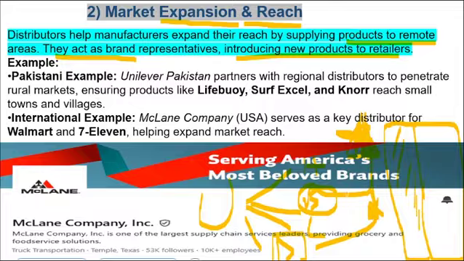You know that the demand for B and D is higher, and in the remote area there will also be demand for B and D. So B and D will reach those areas where the other products cannot easily reach. Okay, so they are also acting as a brand representative.